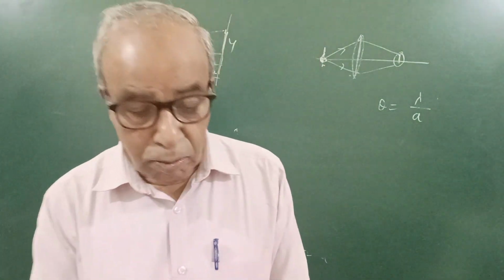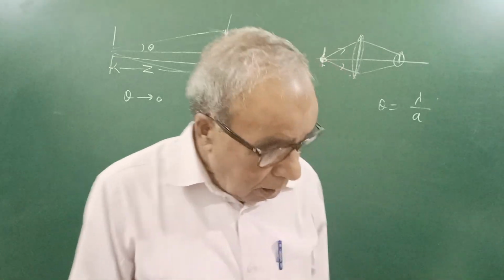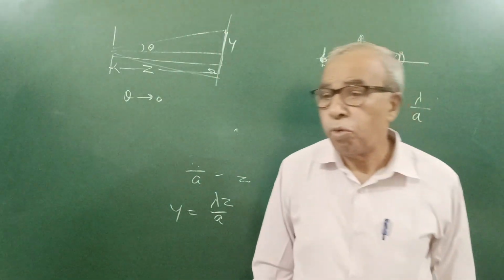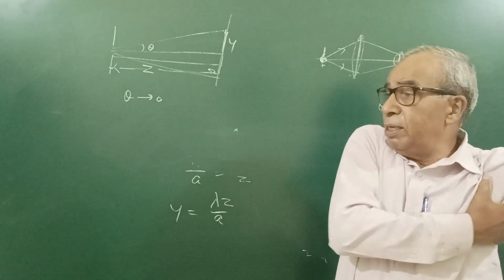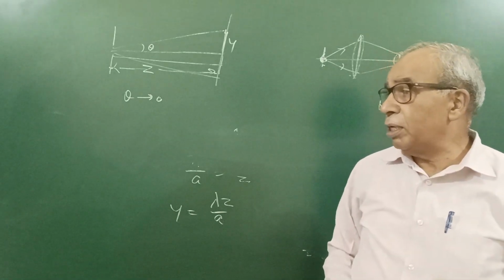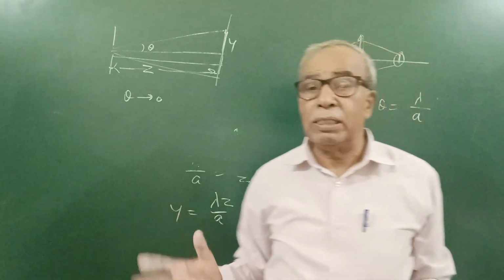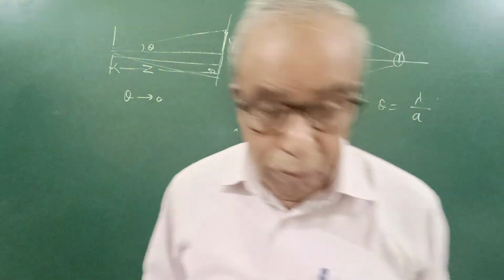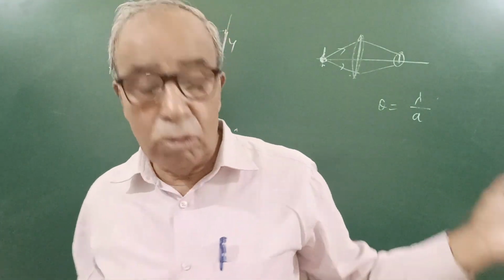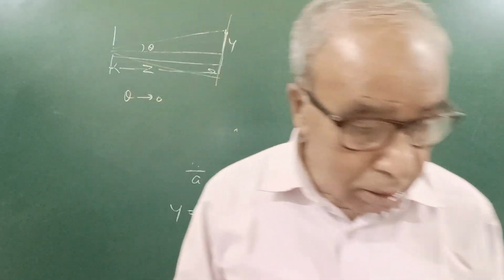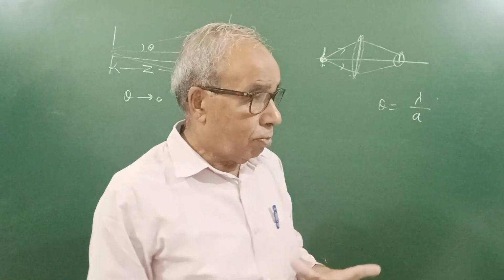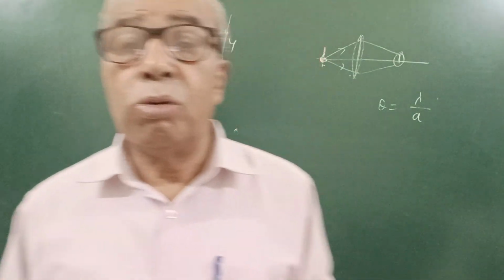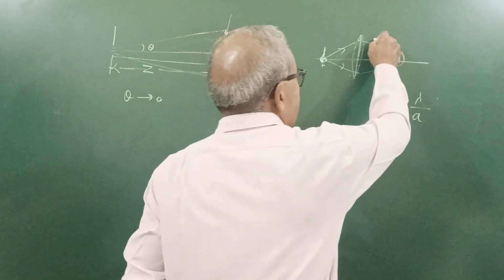Every optical instrument has the ability to show separate images, and that ability of an optical instrument to form separate images is called resolving power. I will define it and tell you the reason. I have explained why there is a limit of resolution: because of diffraction.